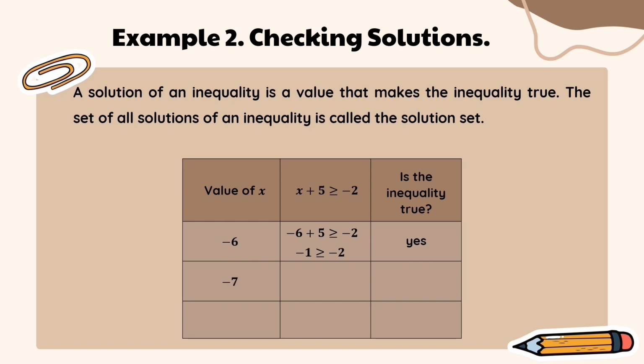And if the value of x is negative 7, is the inequality true? Let us see. Let us substitute negative 7 into the inequality. So negative 7 plus 5 is greater than or equal to negative 2. Negative 7 plus 5 is equal to negative 2.